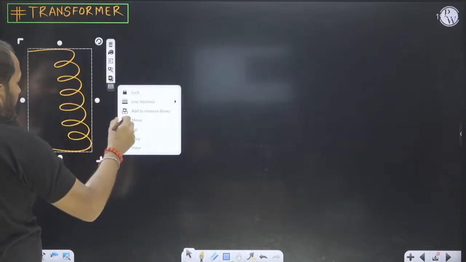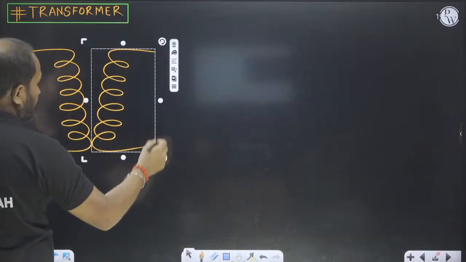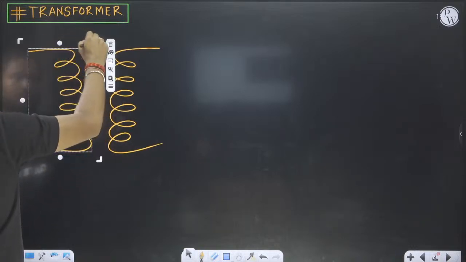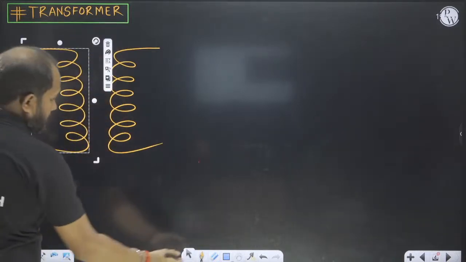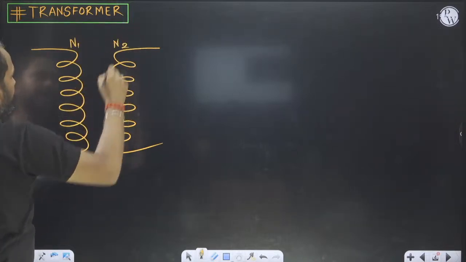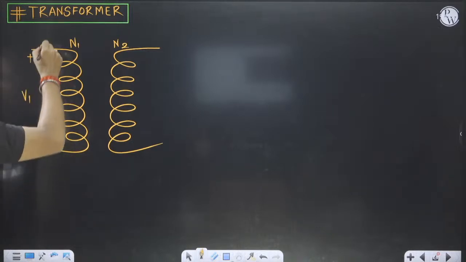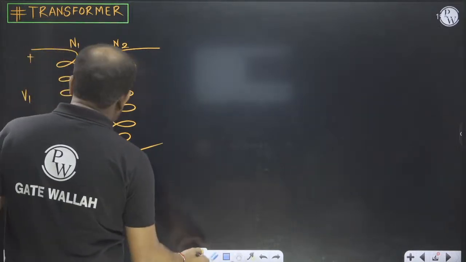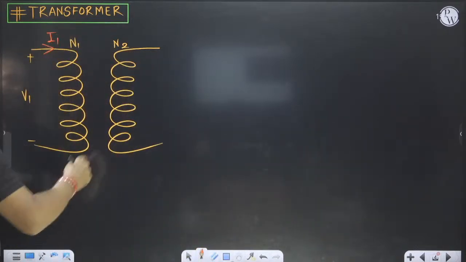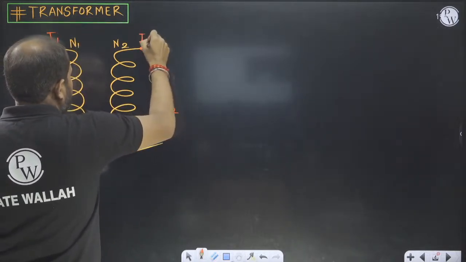This is our transformer. This is the mirror image of the transformer. It has N1 and N2. Then we have voltage V1, and I1 current flows in this direction, and we have voltage V2 and I2 current flows in this direction.